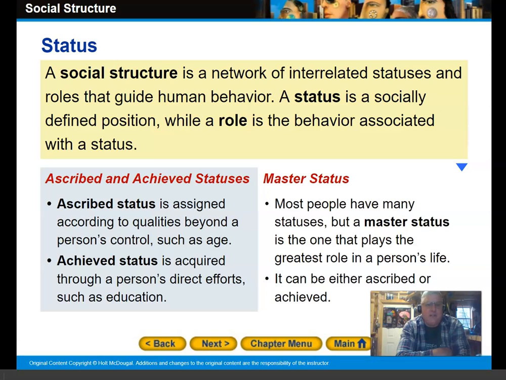An ascribed status is assigned according to qualities beyond a person's control, such as age. Achieved status is acquired through a person's direct effort, such as education. Master status. Most people have many statuses, but a master status is one that plays the greatest role in a person's life. It can be either ascribed or achieved.